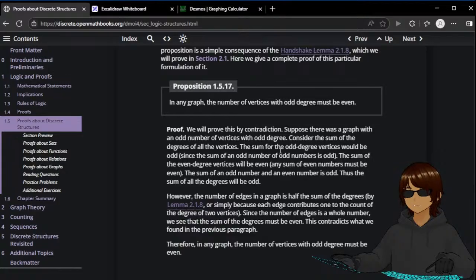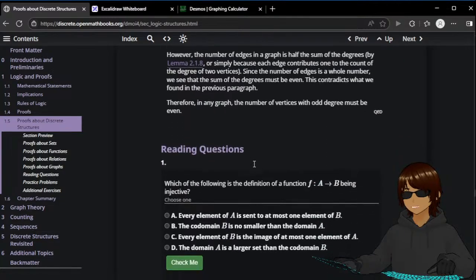What do they mean, the sum for the odd degree vertices? We started with that assumption, right? That there are an odd number of vertices with odd degrees. What do they mean by the sum of odd degree vertices? The sum of even degree vertices will be even. Okay, I will have to reread this.